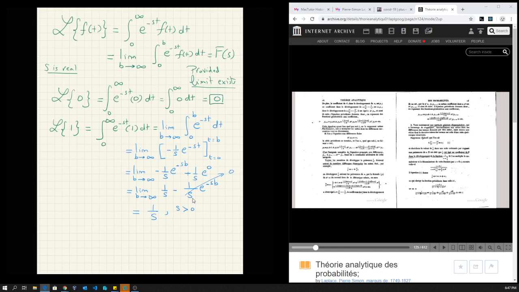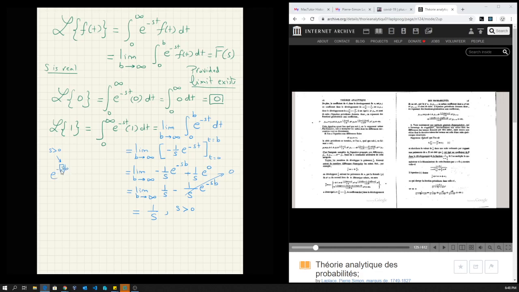Here's why. Look, it all hinges on this exponential. So let's look at that on the side here: e to the negative sb. If this number here is positive, then you have e to the negative times some positive number times b, which is going to infinity. So if b is going to infinity times the positive, you get positive infinity.